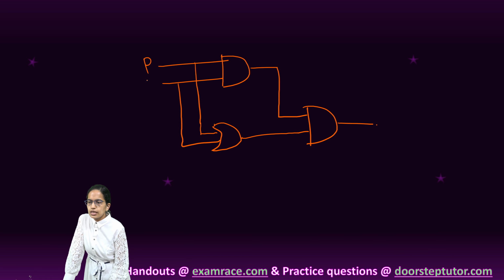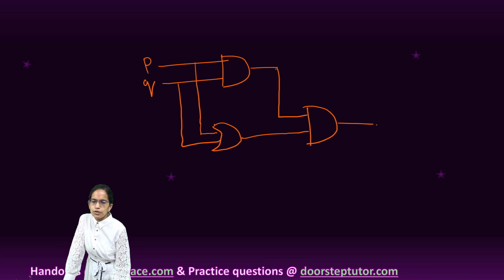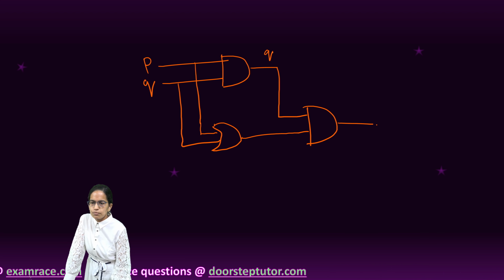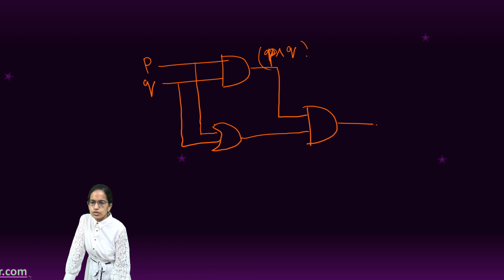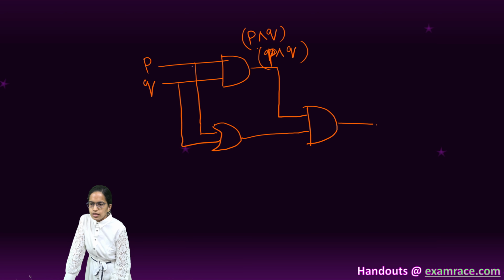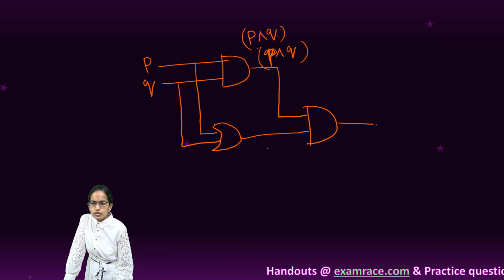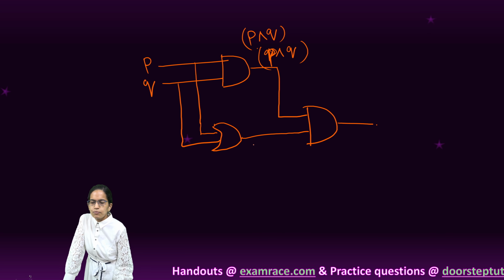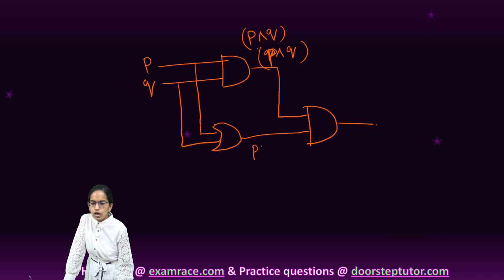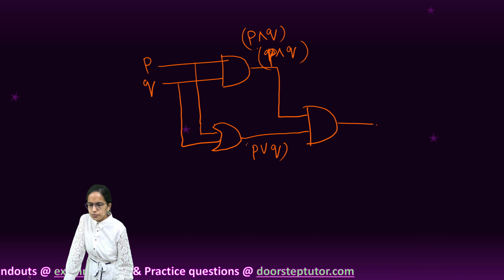This is P, this is Q. So what would be the output here? This would be P and Q. Now P and Q going through OR, so what would be the output here? The output would be P or Q.